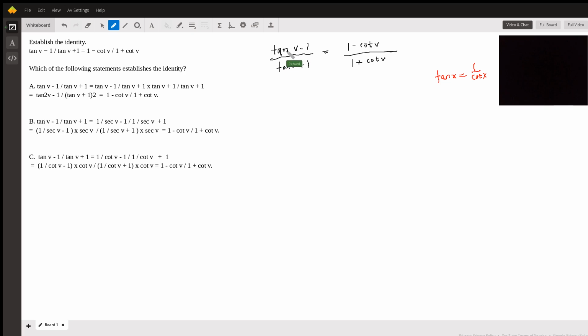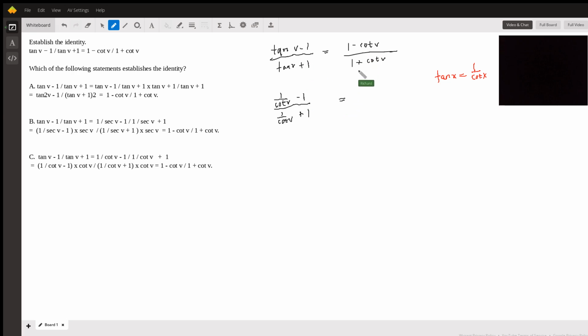So I'm just going to replace that tangent of v with 1 over cotangent of v, and we'll still have the negative 1 on top, and 1 over cotangent of v plus 1 for the denominator.